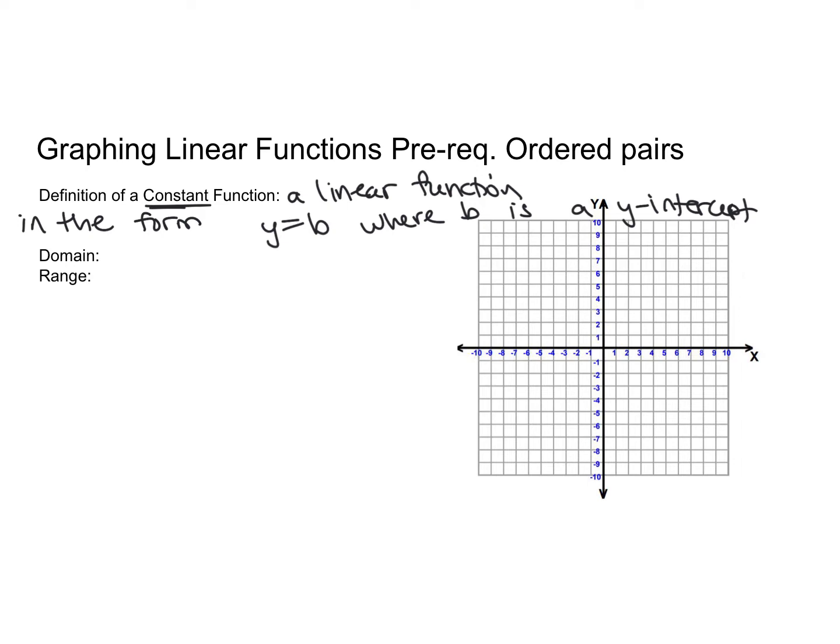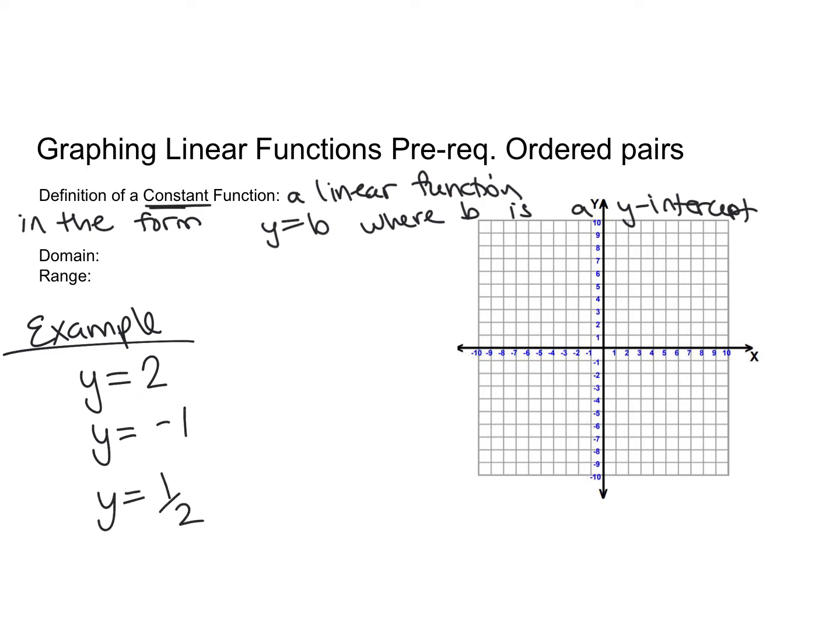Okay, so what does that look like? Let me show you an example. If we have y equals 2 or y equals -1, or y equals 1/2, or y equals 0. All of these are called constant functions. And the reason why they're constant is because the only output value is the value itself. And it's a y-intercept because the whole time the y value is 2.